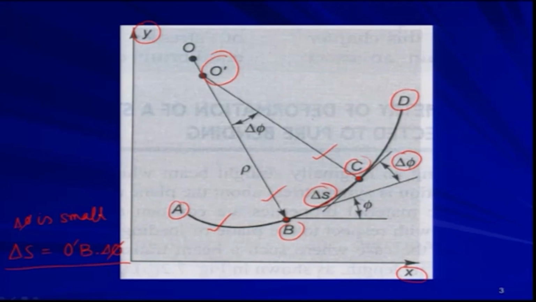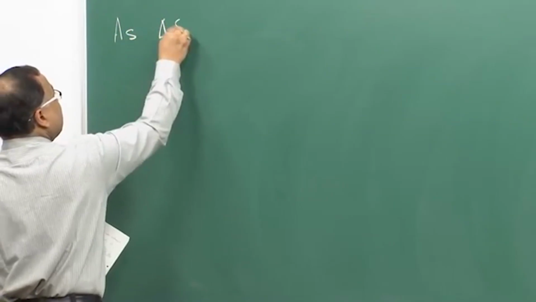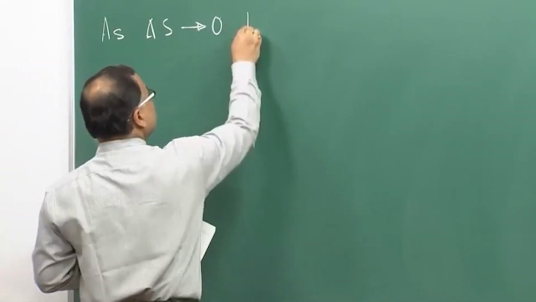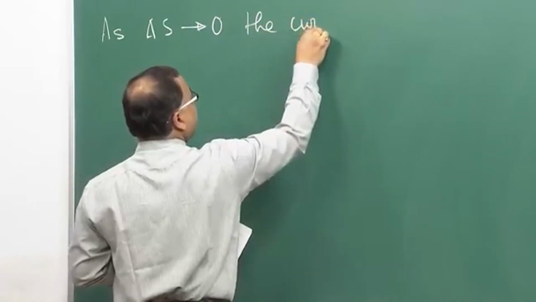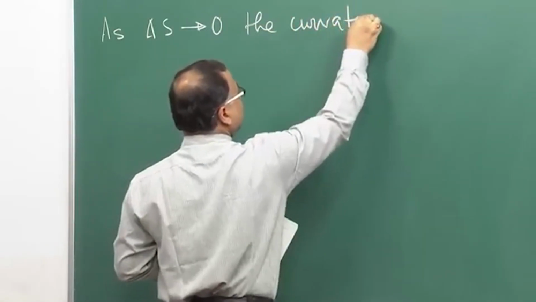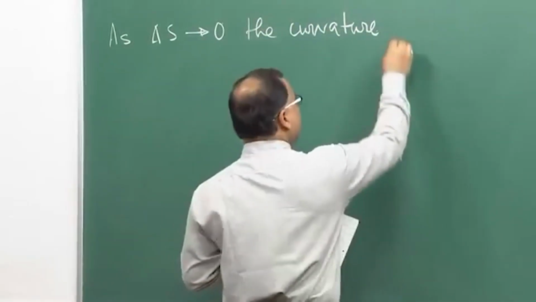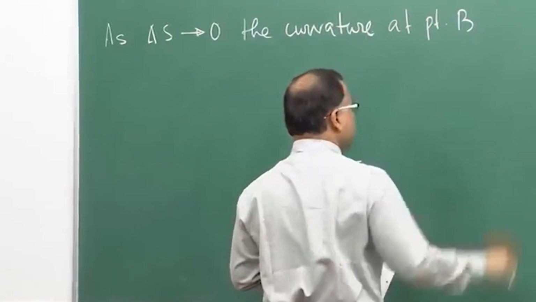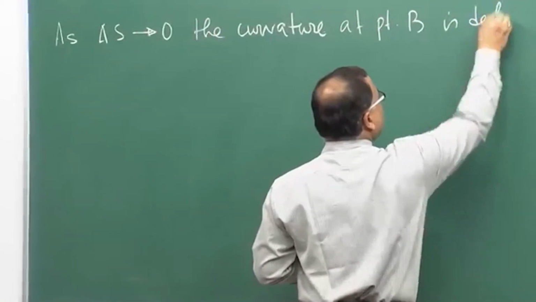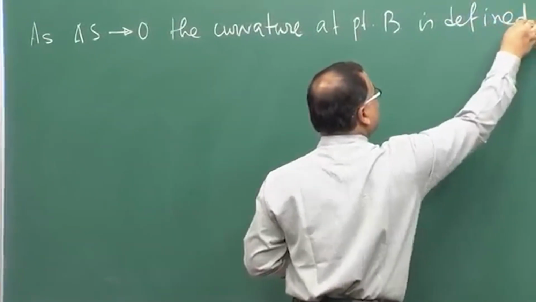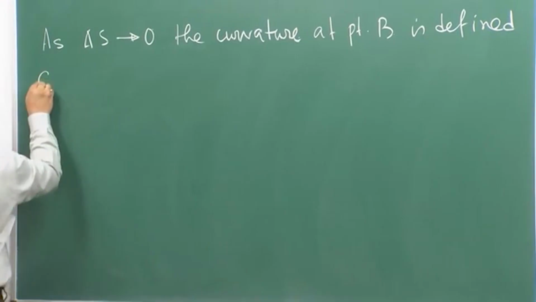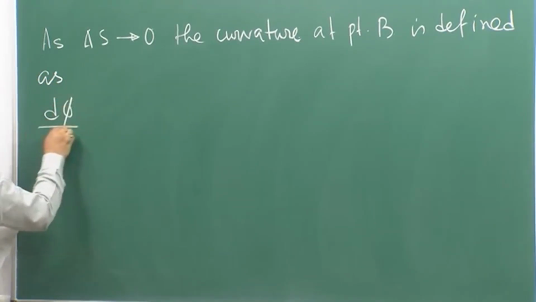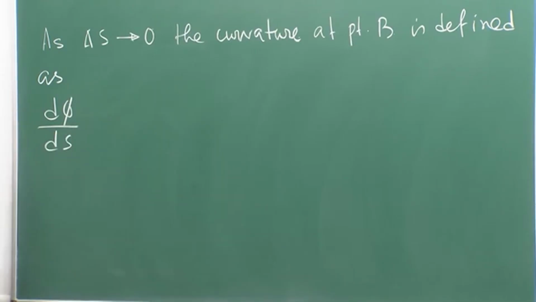So, what we can write now? We can write that as delta S tends to 0, the curvature at point B is defined as d phi ds, because that is the definition.